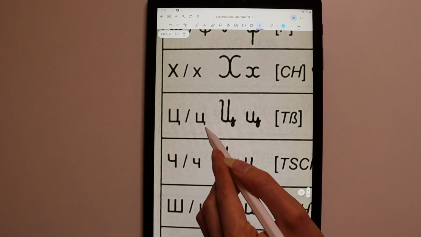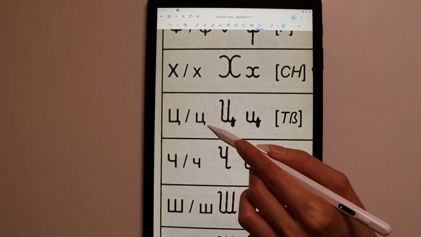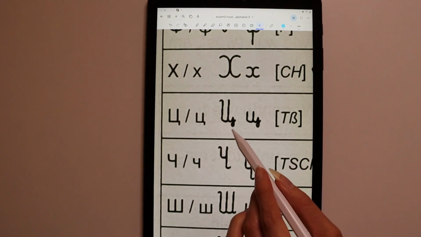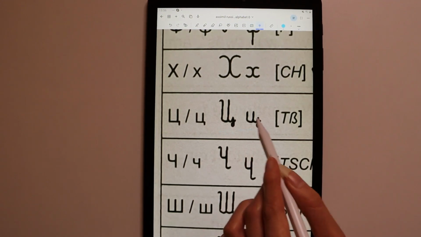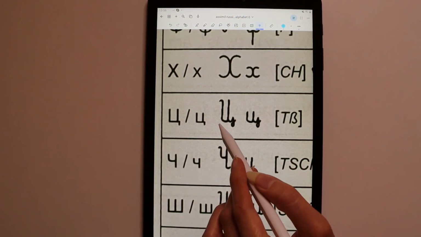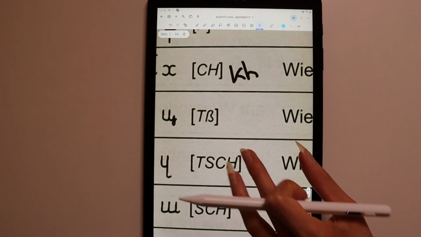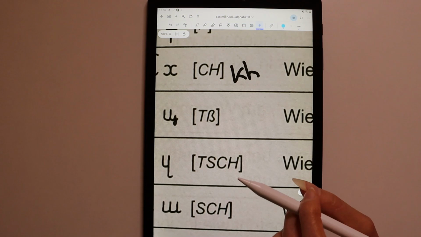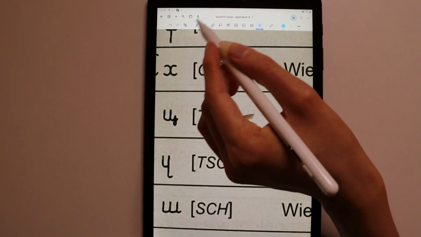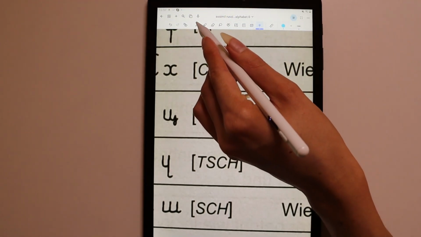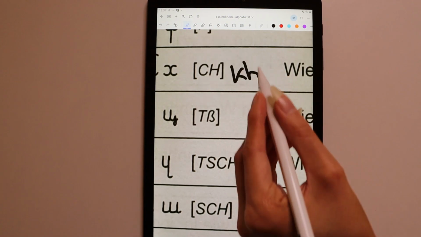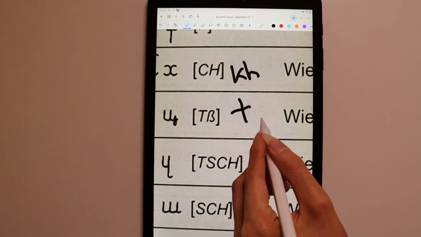Again, both letters look the same, but the lowercase one is slightly smaller. And also in the cursive forms you can see the similarities. Tse is as in bits, as an example. Tse, I would write it like this.